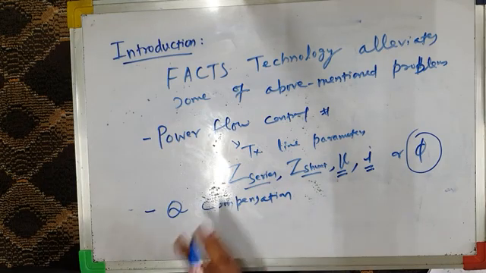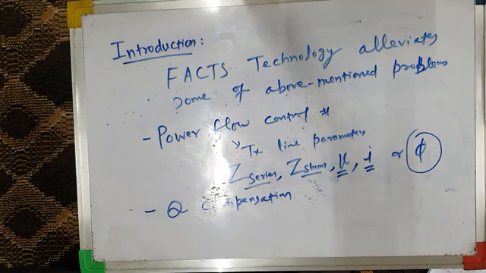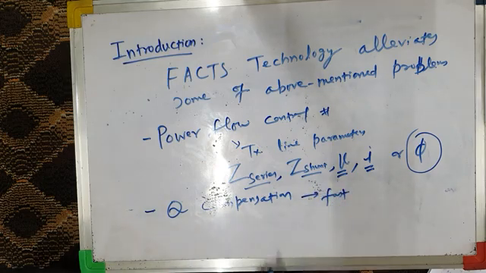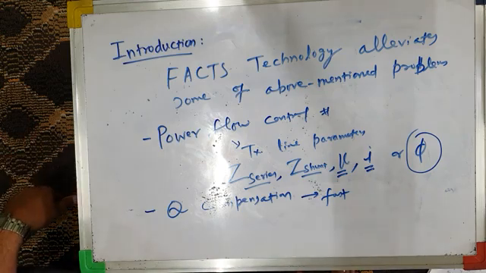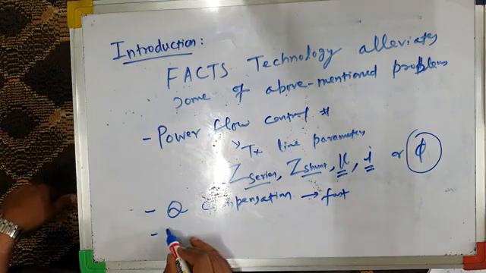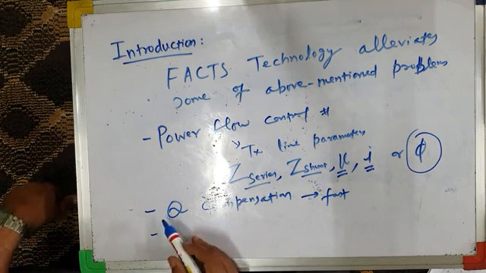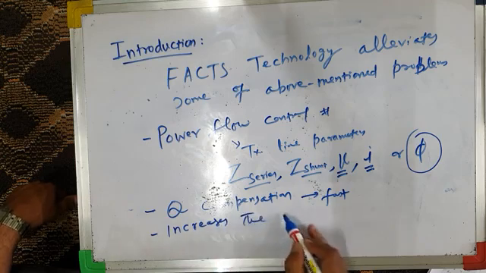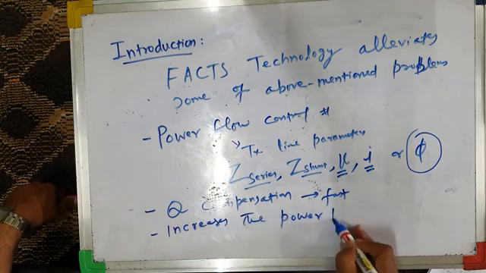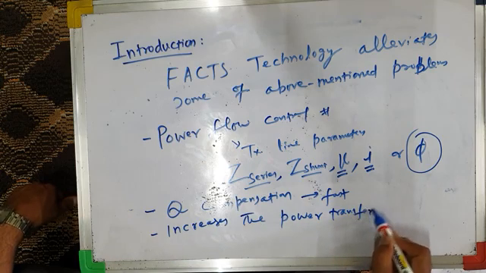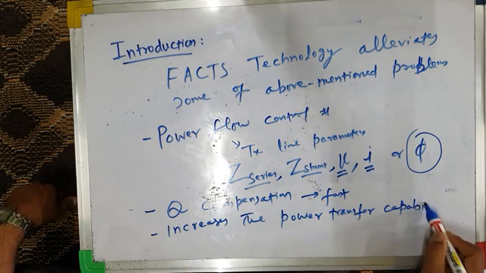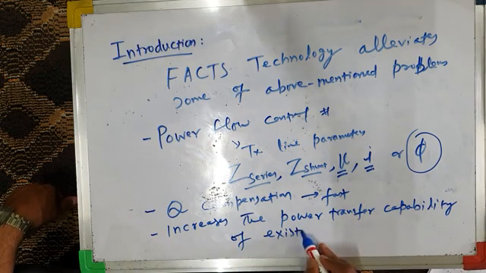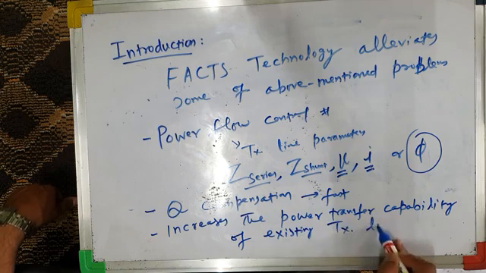Within one cycle or two cycles, it will do the reactive power compensation, and when it does, it increases the power transfer capability of existing transmission lines or transmission networks.